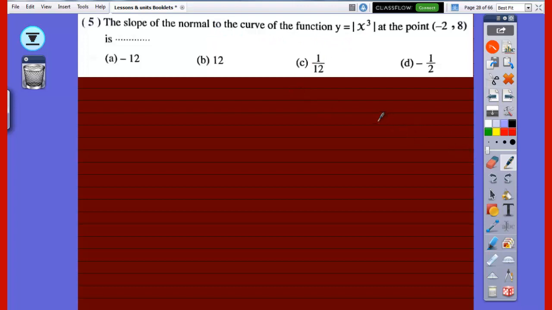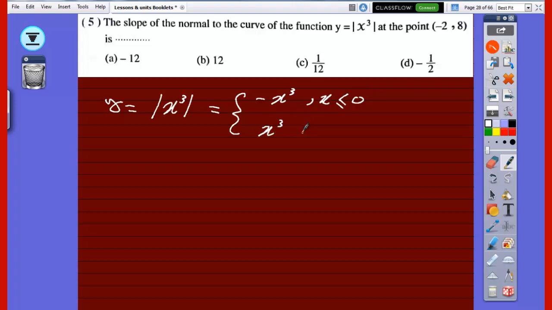First, we'll start with the function y equals the absolute value of x to the power 3 here. So it is equal to negative x to the power 3 when x is less than or equal to 0, and it is equal to x to the power 3 when x is greater than 0.